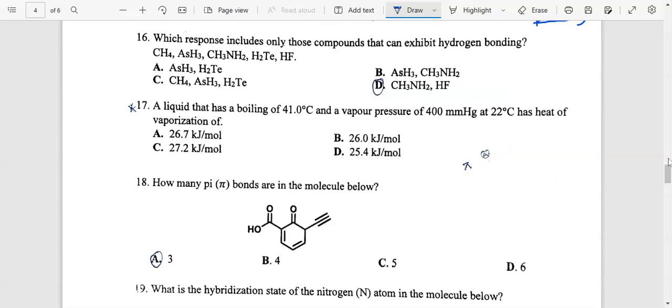16. Which response includes only those compounds that can exhibit hydrogen bonding? So we've been given these five different compounds. Those compounds that can exhibit hydrogen bonding should have a free hydrogen, okay, a hydrogen that can interact with the other substance.